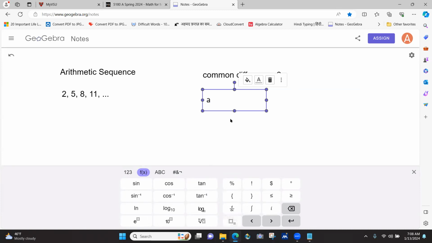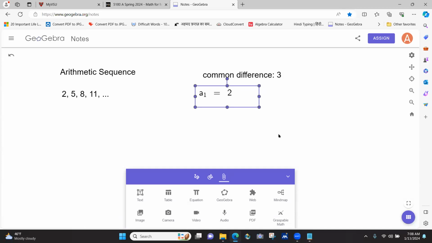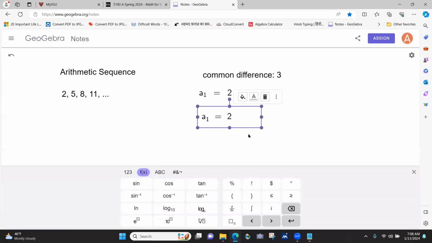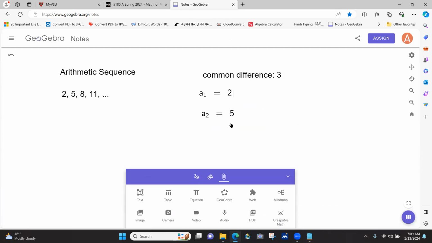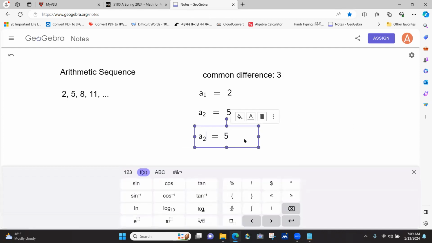A subscript 1 is the first term, which happens to be 2. A subscript 2 is the second term, which happens to be 5. And A subscript 3, the third term, in this example happens to be 8. And that's good enough for us.